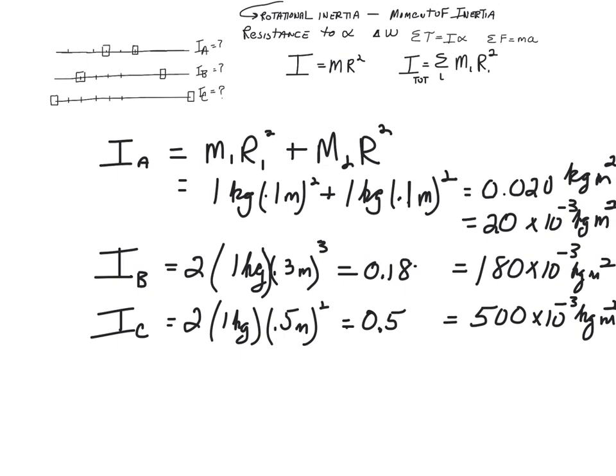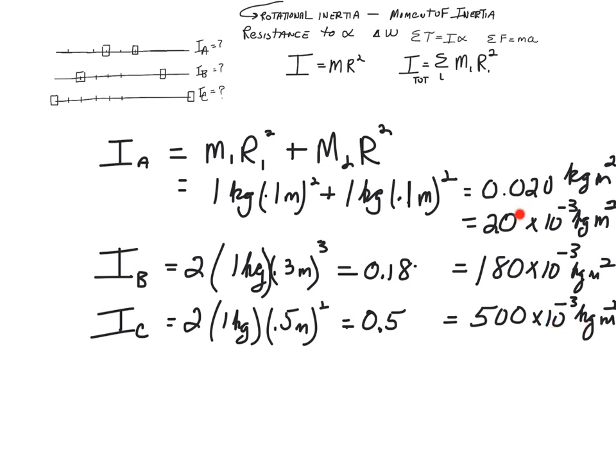So as we move the masses out, the inertia goes up very fast because it depends on the distance squared. And by the time we get them all the way to the end, the distance from the center to the mass is 0.5. So 1 times 0.5 squared times 2, we get 0.05 or 500 times 10 to the minus 3 kilogram meters squared.